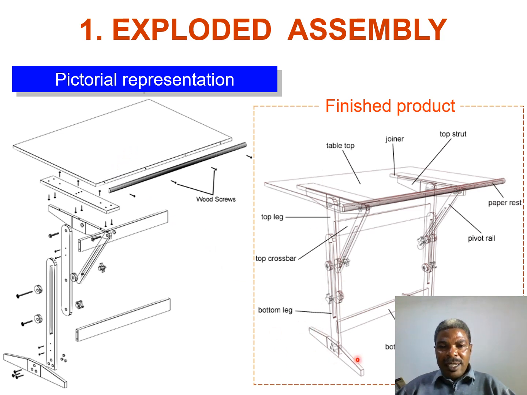When you place an order and these things are brought in a box, you are given this drawing, which will aid you in arranging and coming up with a complete product which looks like this.